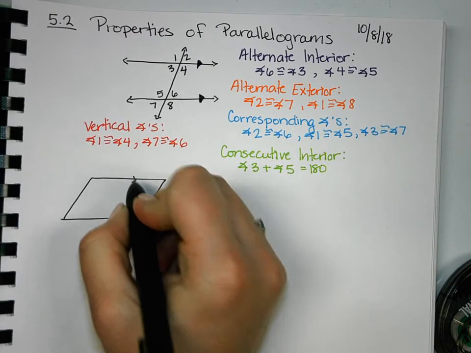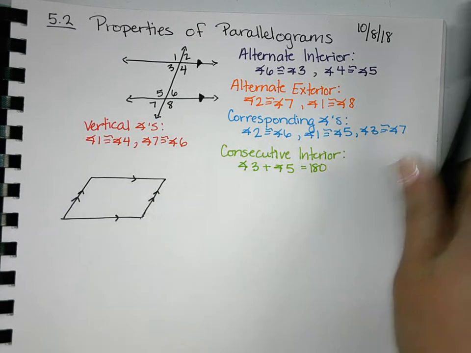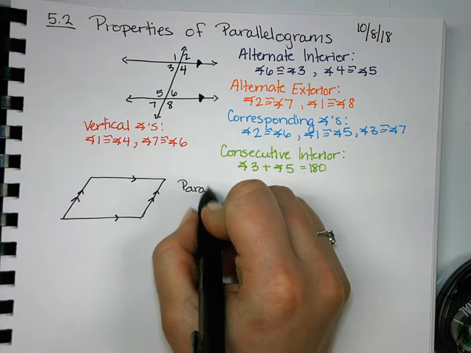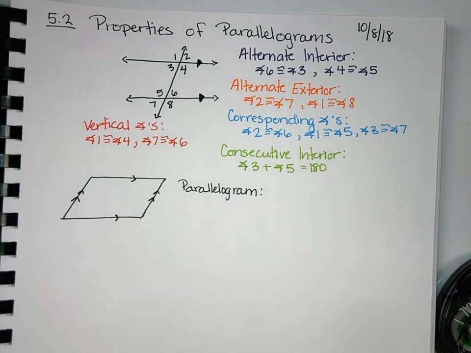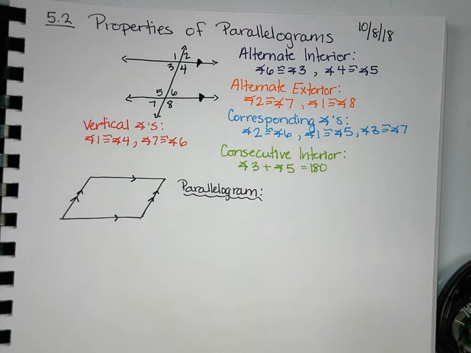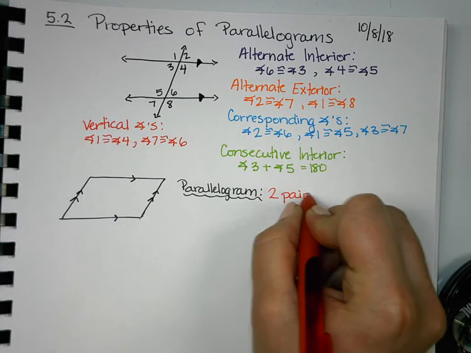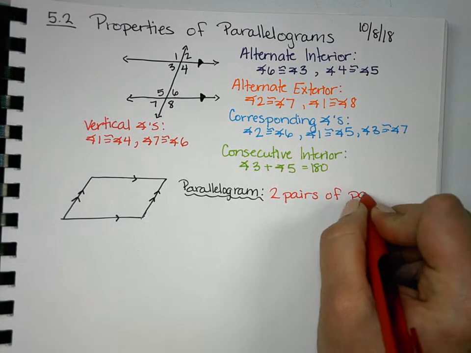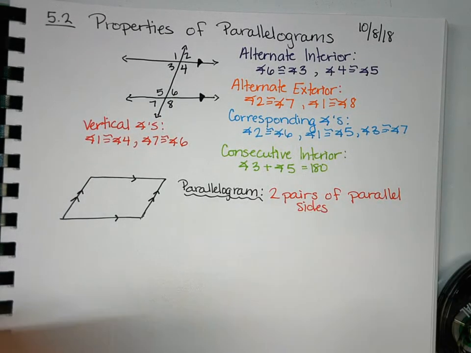And what makes it a parallelogram is that it has 2 pairs of parallel sides. Okay, that's what makes a parallelogram a parallelogram. So as long as opposite sides are parallel, you will have a parallelogram.